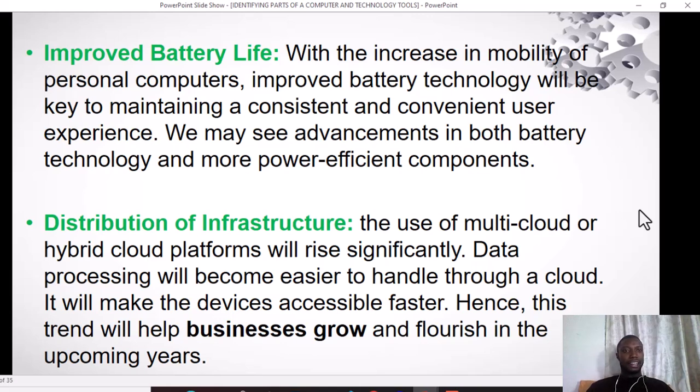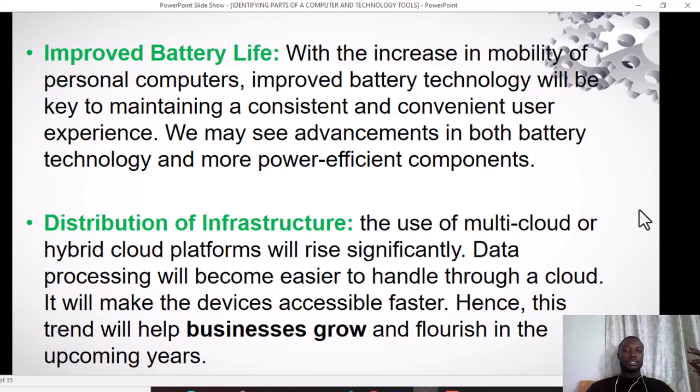So with the increase in mobility of personal computers, improved battery technology will be key to maintaining a consistent and convenient user experience. We may see advancement in both battery technology and more power efficient components. As the components become more power efficient, the battery technology must also be very efficient in order to match it.